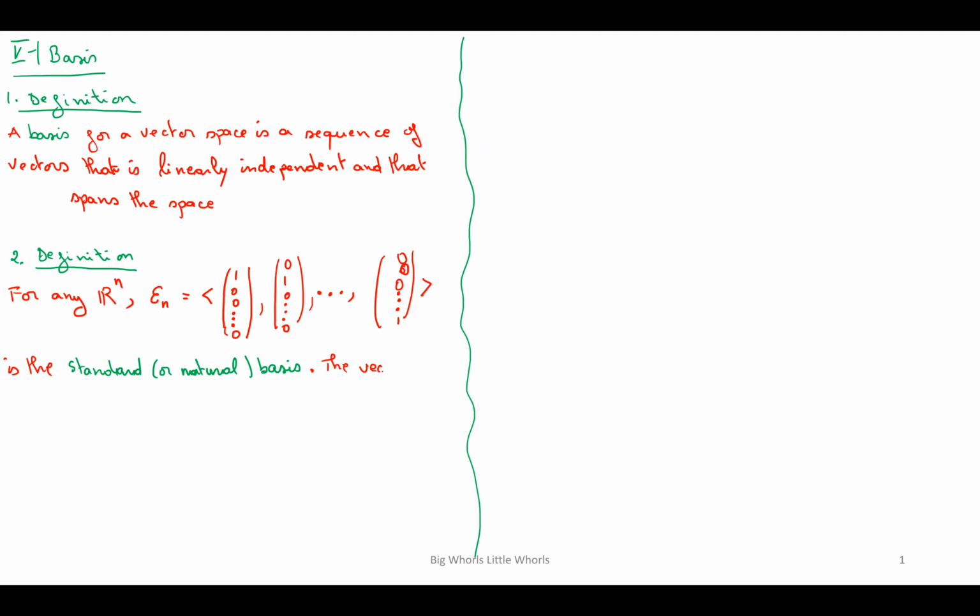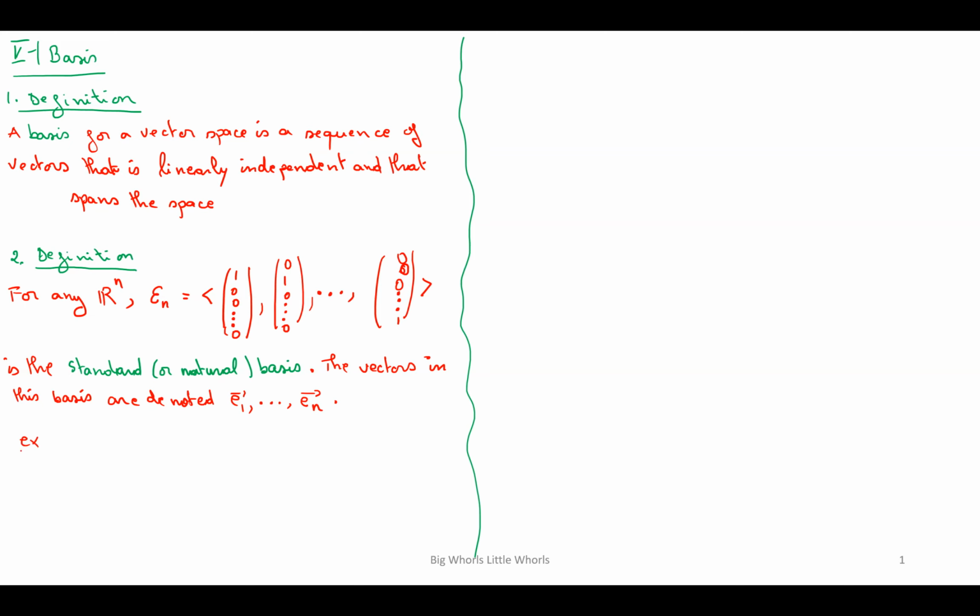The vectors in this basis are denoted e1, e2, and so on, or sometimes in physics we call them the i, j, k vectors. So those are the standard basis vectors.